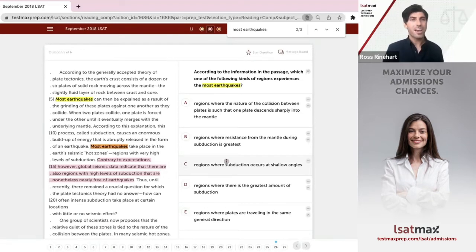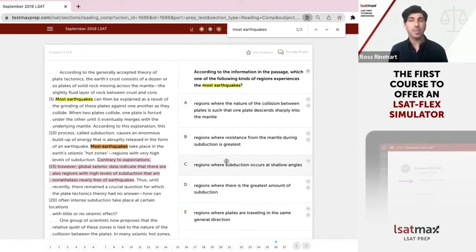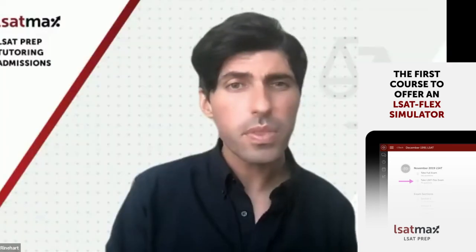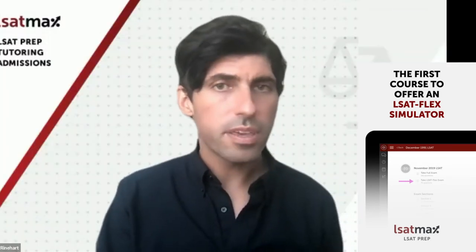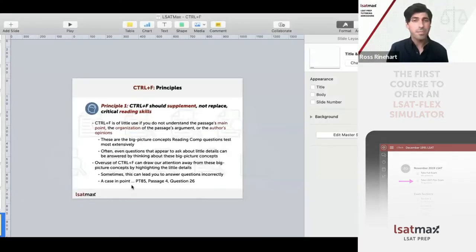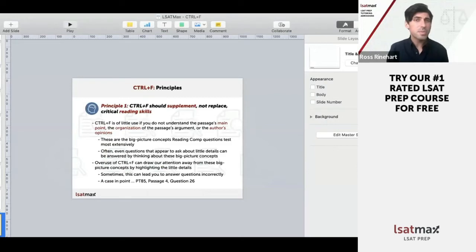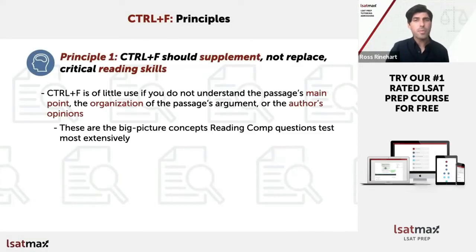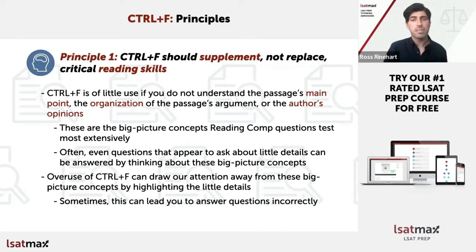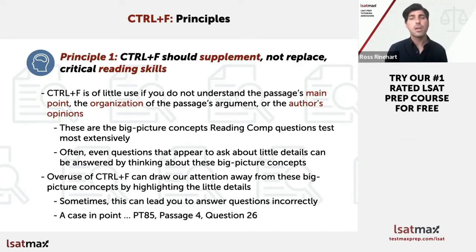That's what I mean by sometimes Ctrl+F can make your job harder or lead you to the wrong answer. Sometimes Ctrl+F can help you find the correct answer very effectively. But sometimes, especially if we don't remember the main point, it can lead us to get the wrong answer, like so many test takers do on this particular question.